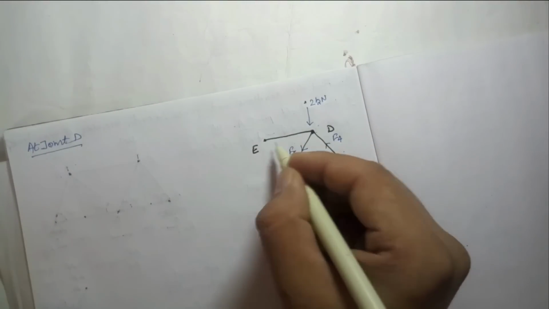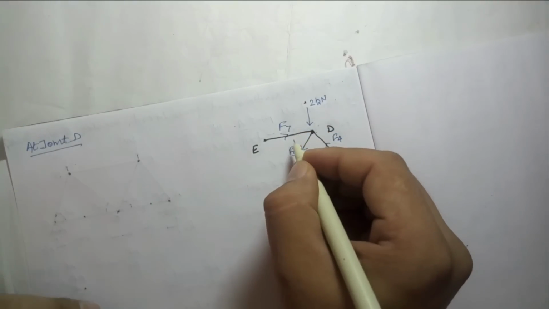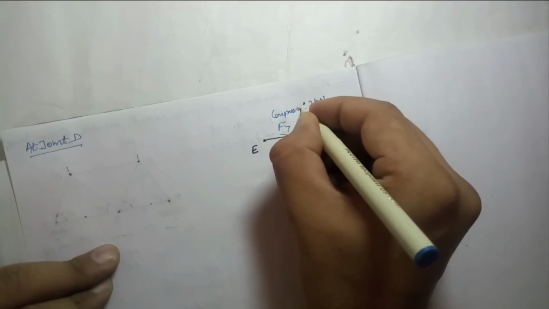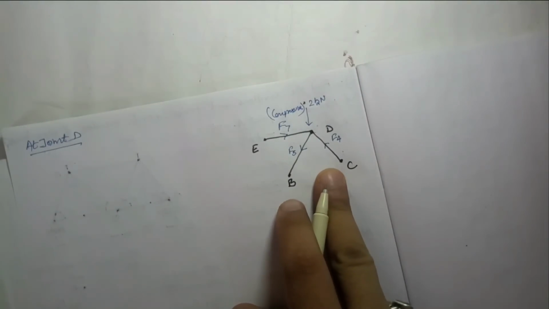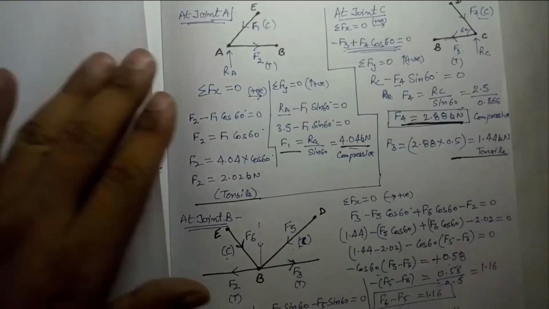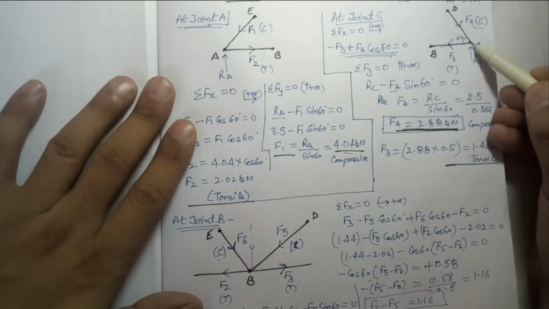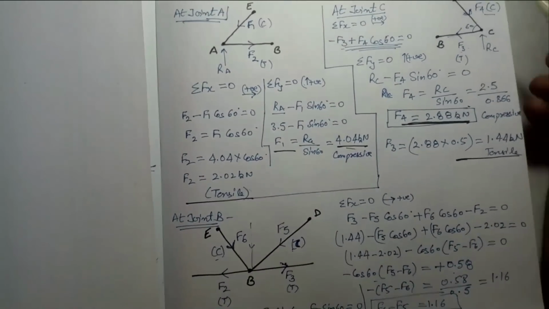Let's say this is now my assumption. We have F7, and I am taking F7 as compressive. Now I'll tell you this again: the direction of F4 was compressive to this joint.